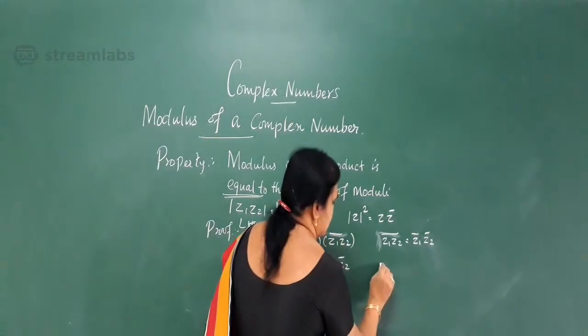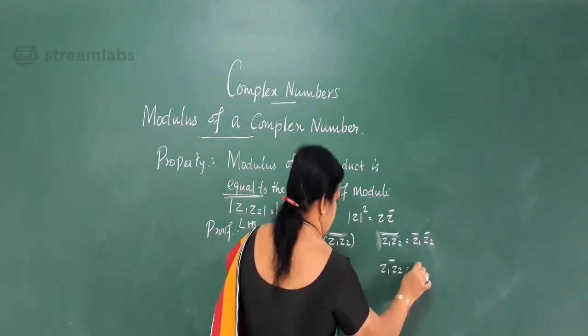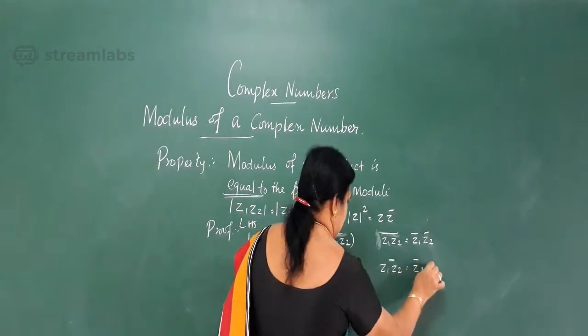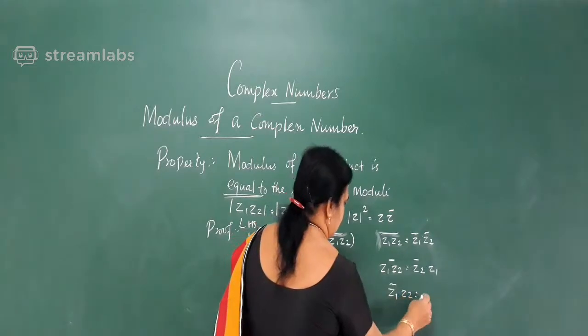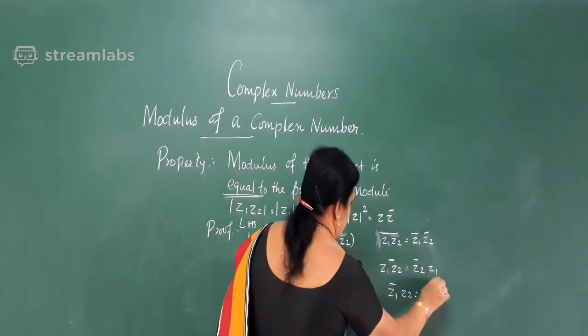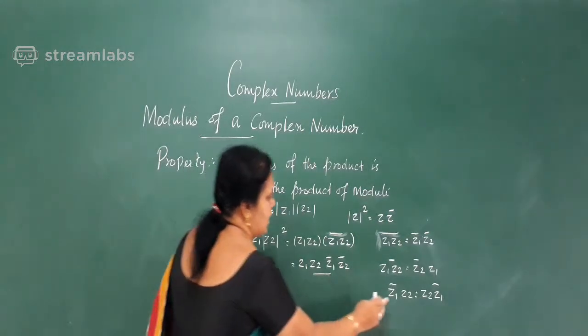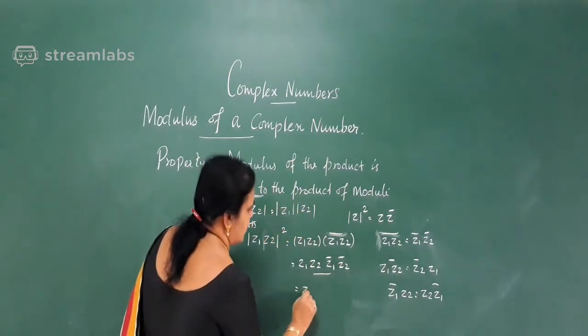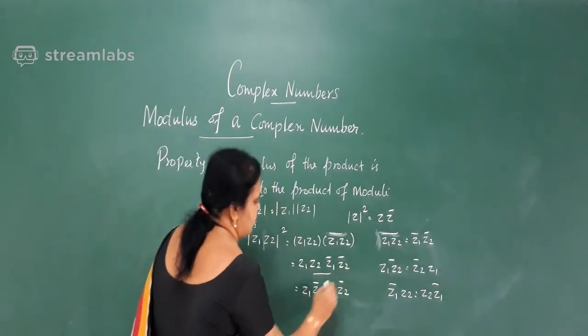By the commutative result, z1 z2 bar is equal to z2 bar z1, otherwise z1 bar z2 is equal to z2 z1 bar. For this z2 z1 bar, I am going to write z1 z1 bar z2 z2 bar.